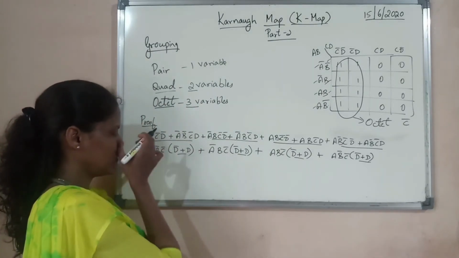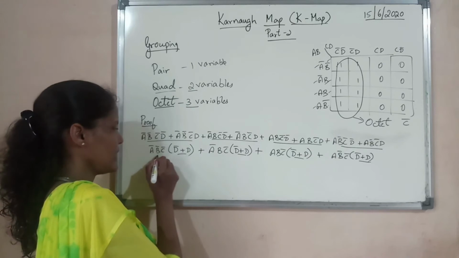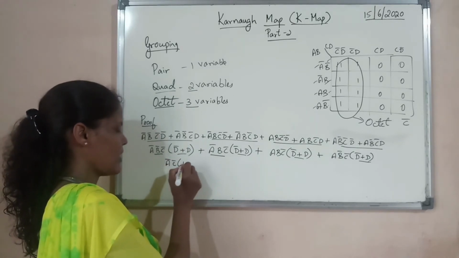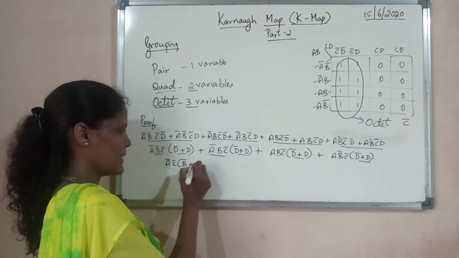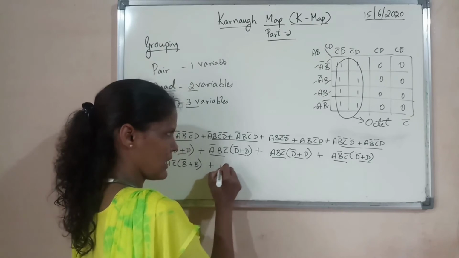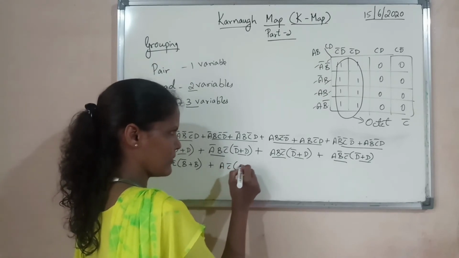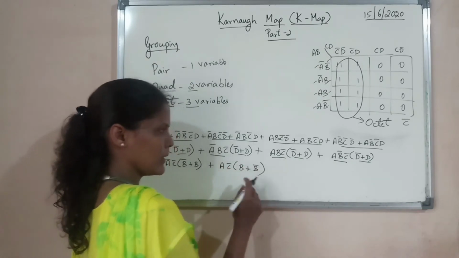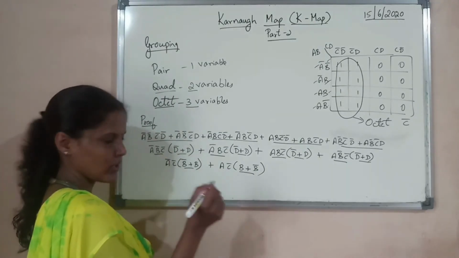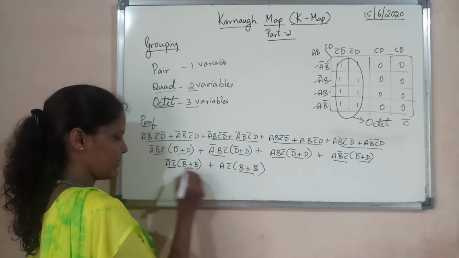Now I have to simplify these. In between these two, A bar C bar is common. Within the bracket, I am left with B bar plus B. And in between these two, A C bar is common. Within the bracket, I will be getting B plus B bar. So these values are equal to 1. Now I have to compare between these two.